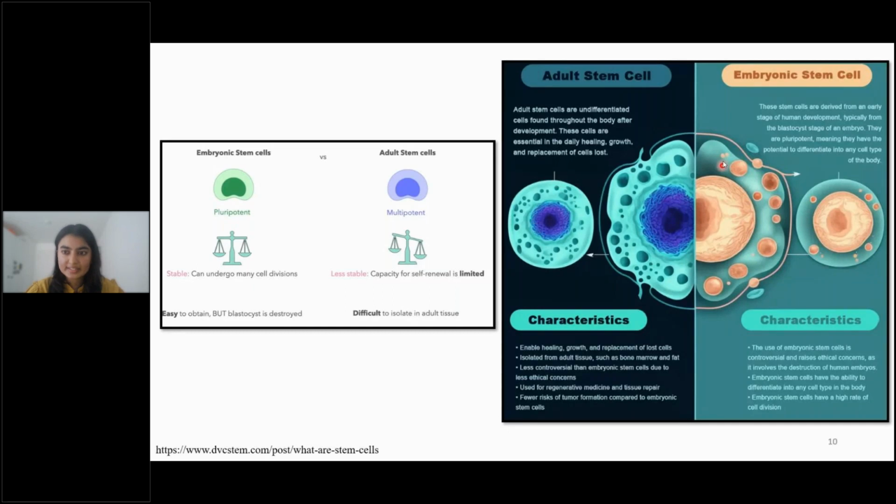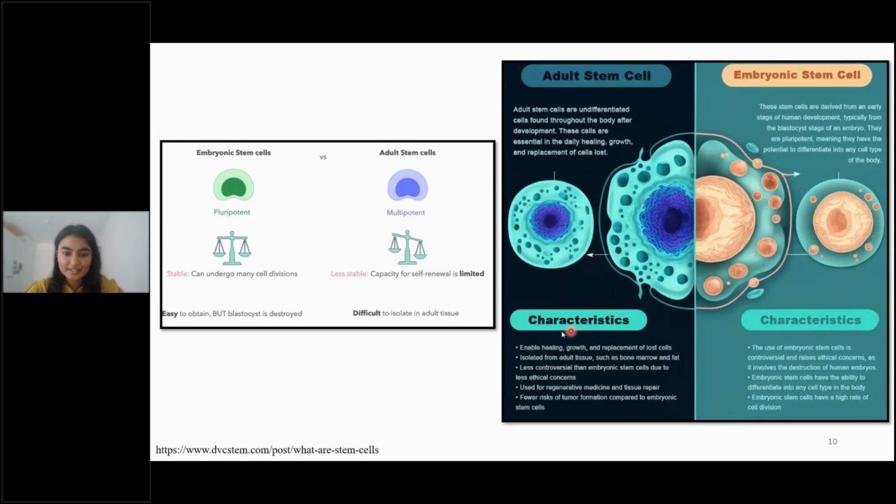And the embryonic stem cells are the cells which are derived from the early stage of human development, which we saw was the blastocyst. And they are pluripotent, meaning they have the potential to differentiate into any cell type of the body.